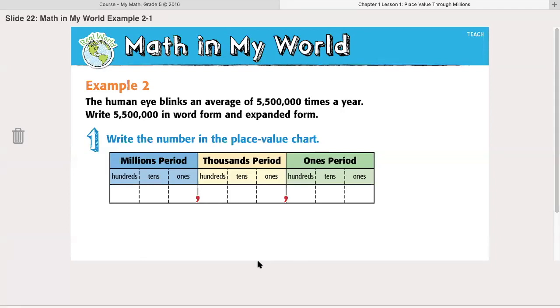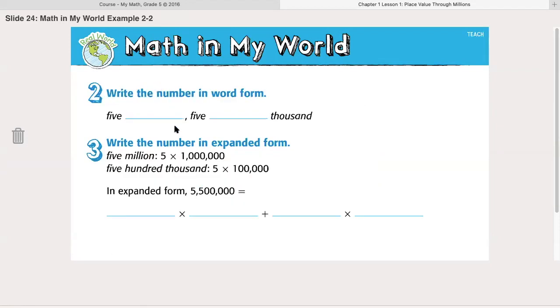This is example 2 in Math in My World. The human eye blinks an average of 5,500,000 times a year. Write 5,500,000 in word form and expanded form. So I'm looking at my commas. I'm going to start over here. 5,500,000 times a year. Write the number in word form. Well, if I were to write that same number in word form, it would be 5,500,000.